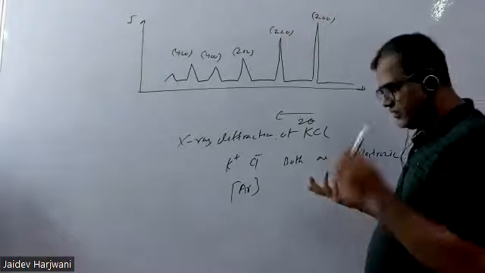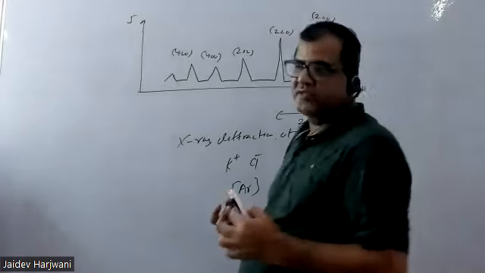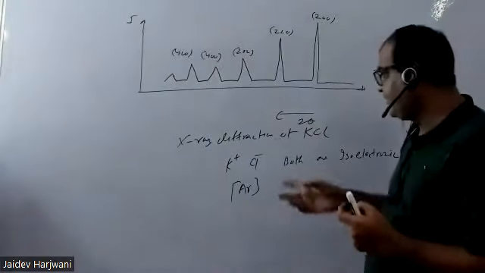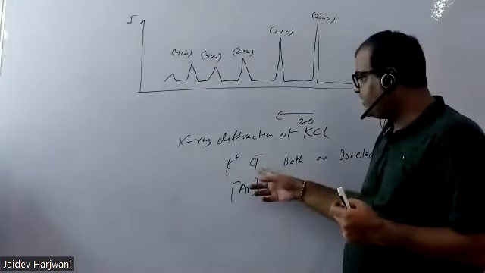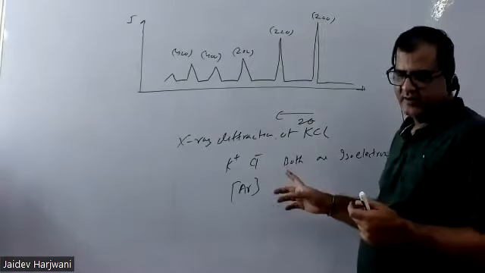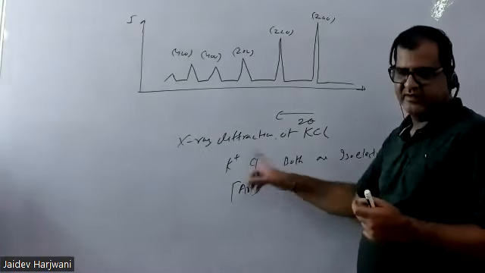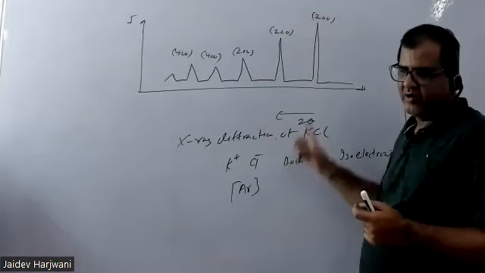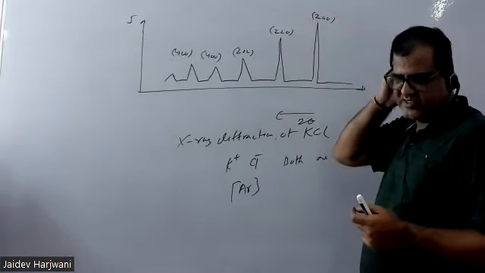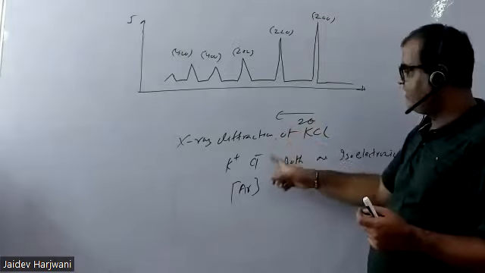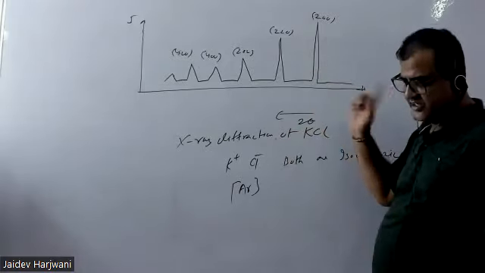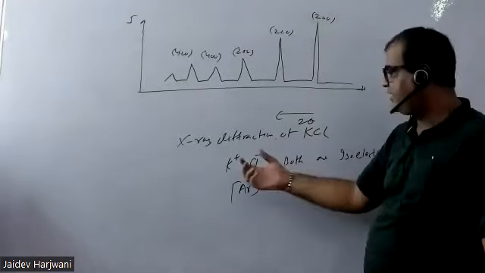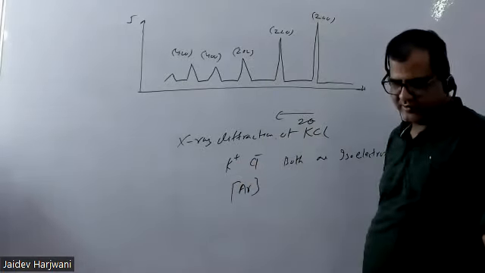Because both are isoelectronic, the diffraction depends on the electron cloud, and both have the same number of electrons. So both atoms have the same scattering power. Because both have the same scattering power, in X-ray diffraction they cancel out each other whenever there are FCC odd indices. So 311, 111, these diffraction peaks get cancelled out because of symmetry.